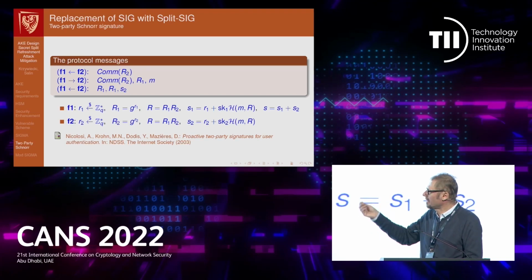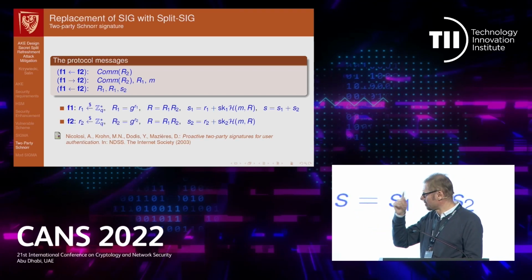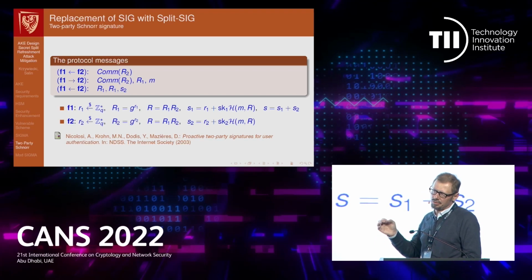Okay, so we take the well-known construction. The main construction just uses a split secret key, but also the authors describe how to use the refreshment with these signatures.